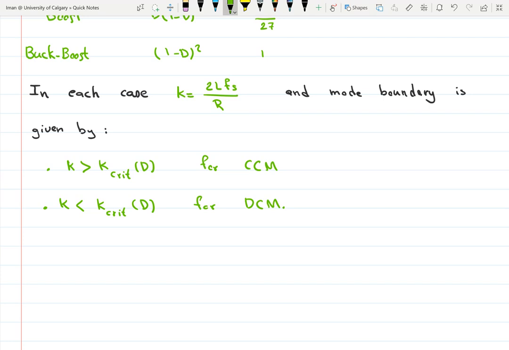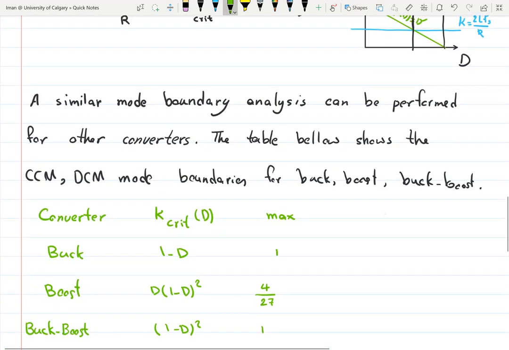Okay, so that's it for how to determine if you're operating in the DCM or CCM mode.